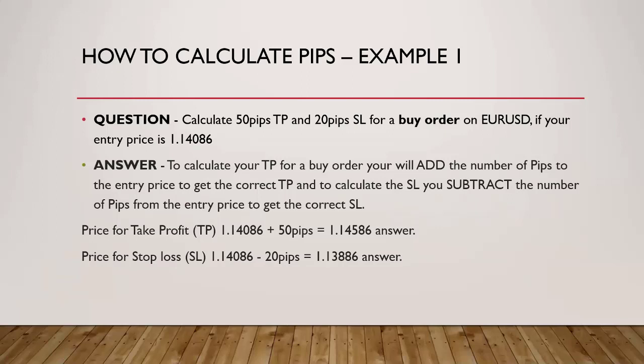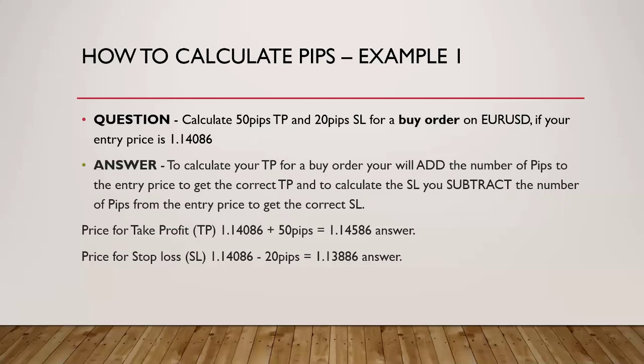So what this means is that all you need to do is take 1.14086. All you need to do is add 2 zeros to these 50 pips they said you should add, and then put it below this. So what you are doing is 0.0050, which is 50 pips.